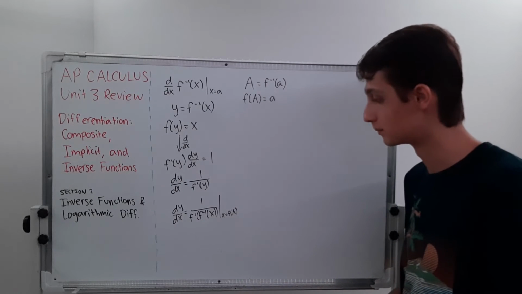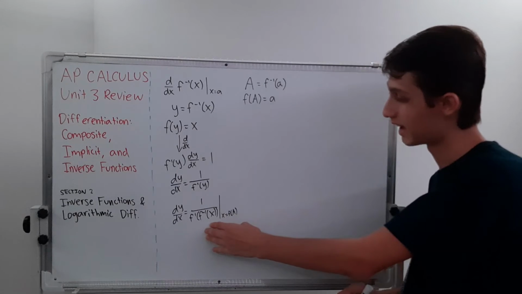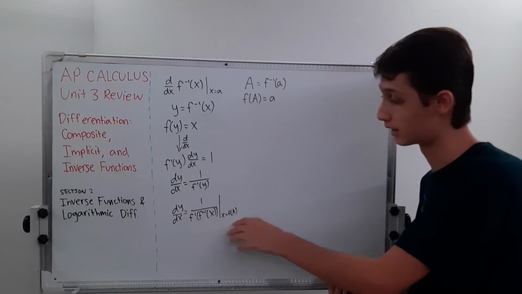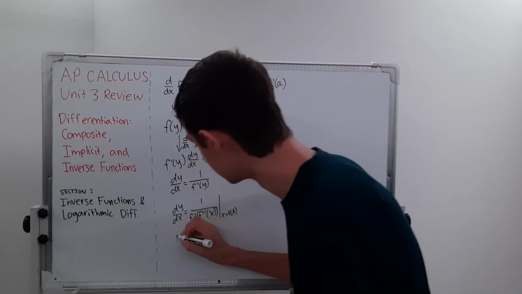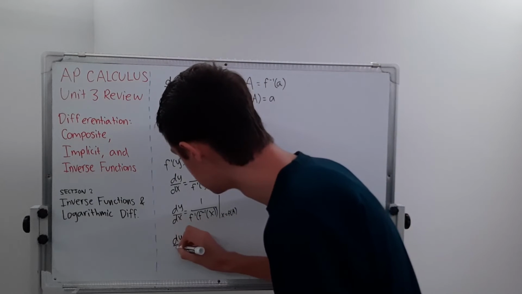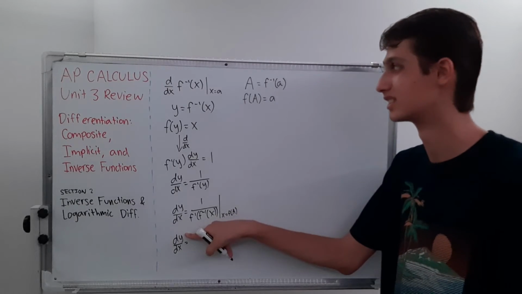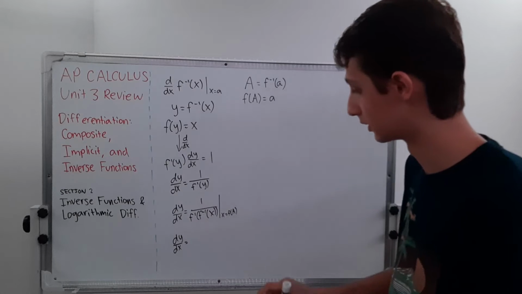But basically, if we plugged in a here, it's not going to really help us much. But if we have f of capital A, that really helps us a lot. Because now we can say, well, okay, dy/dx. And again, it's okay to have the y here. Technically you should have f inverse of x, but it's acceptable. They know what you're talking about.